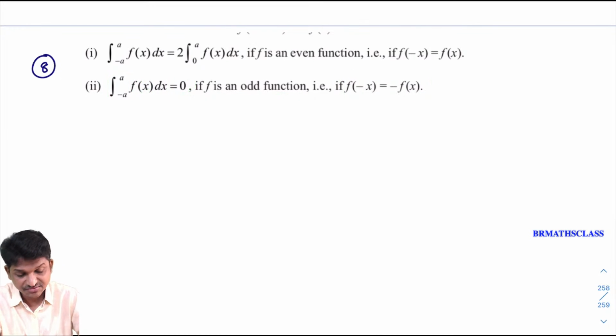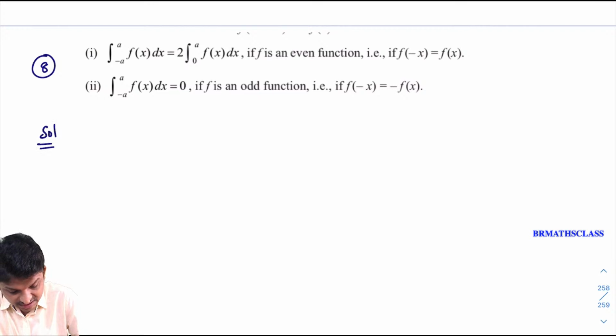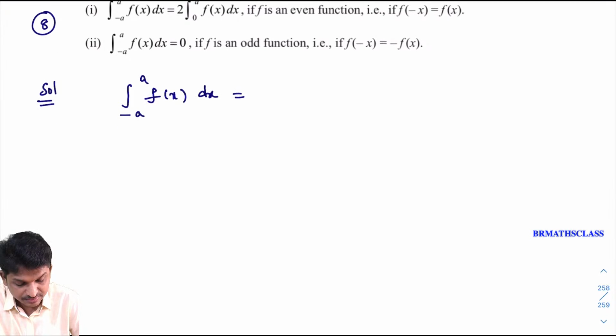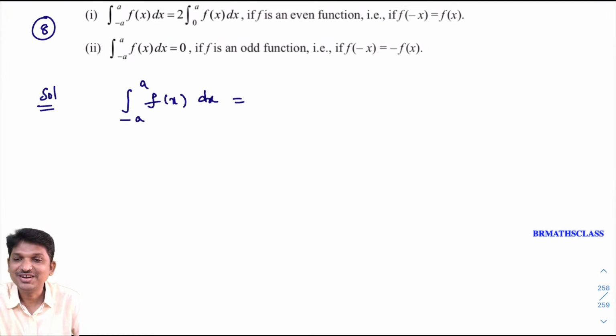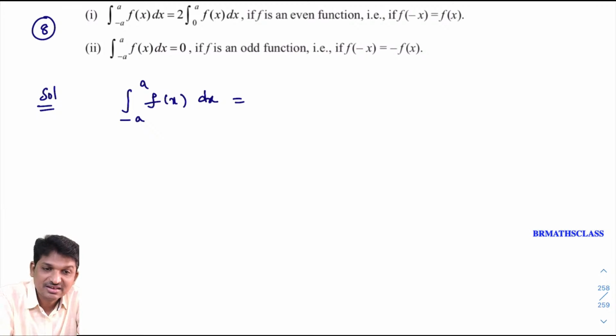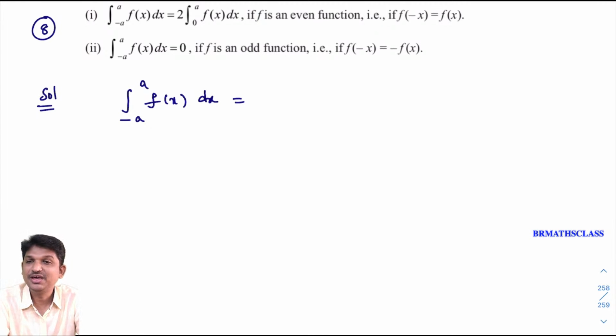Let's derive this result. This is a very easy result. First, we'll take the integral of minus a to a f of x dx. I'll simplify this like the last derivation. You know the property that the integral of a to b f of x dx can be written as the integral of a to c f of x dx plus the integral of c to b f of x dx.